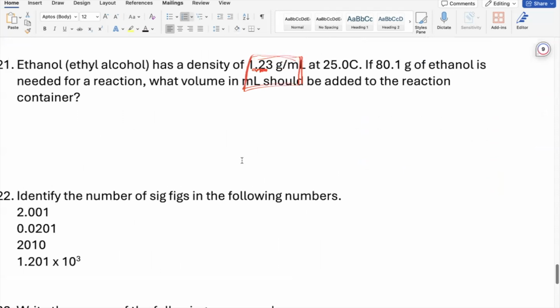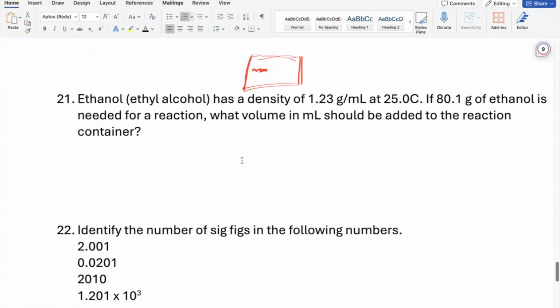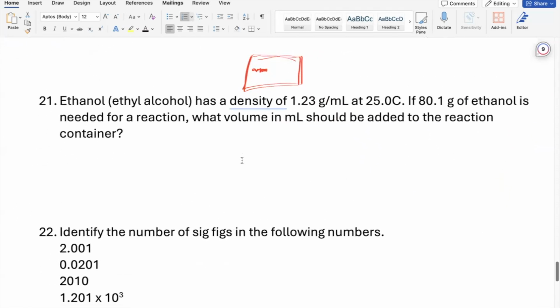Okay. So 21. This also takes us back to lecture 1, using density as a conversion factor. So again, I'm sounding like a broken record, but this is how it's written on the exam.